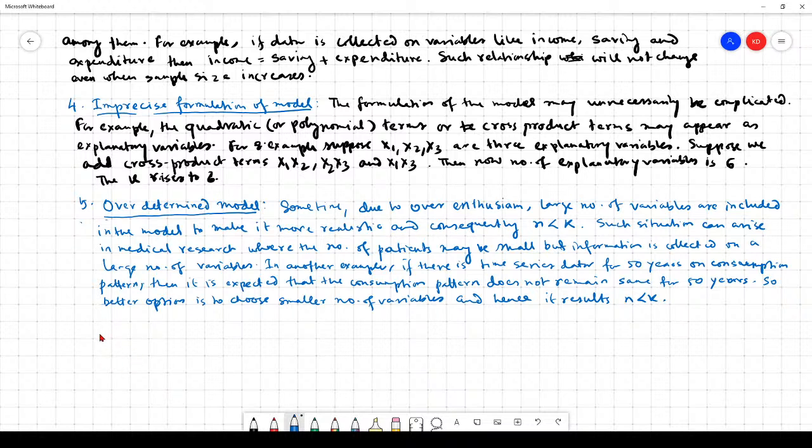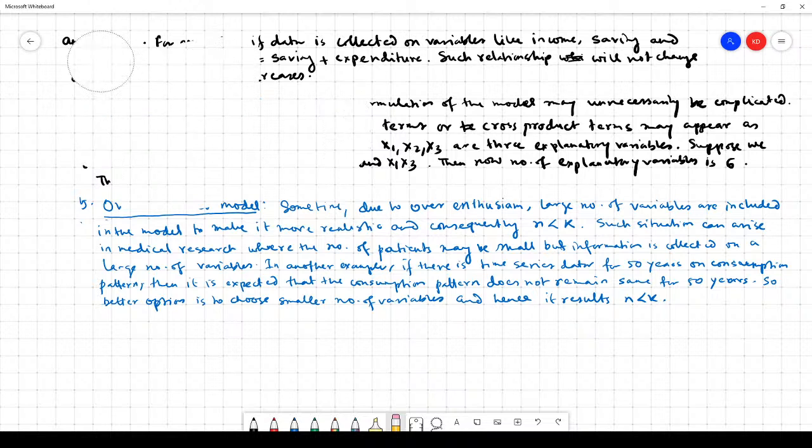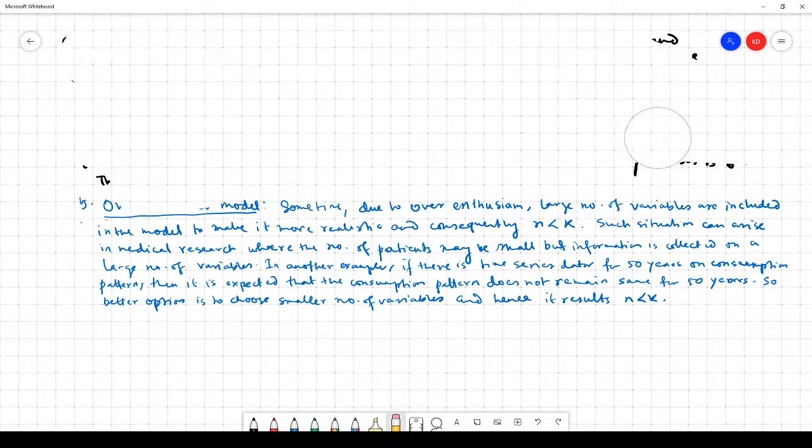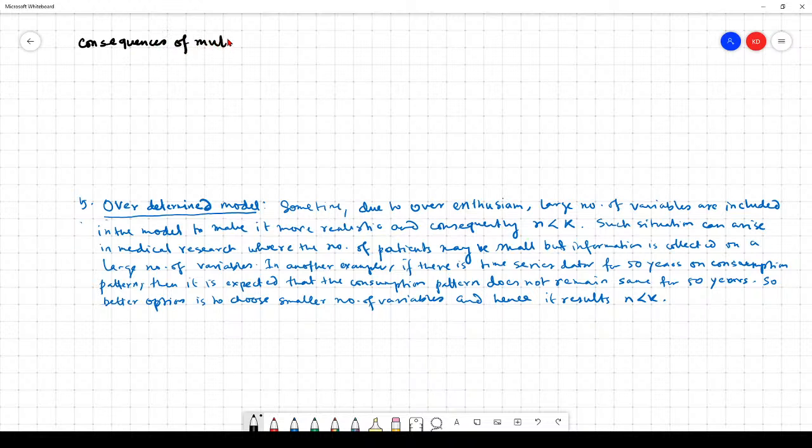If multicollinearity happens, then what is the consequence? Consequences of multicollinearity.